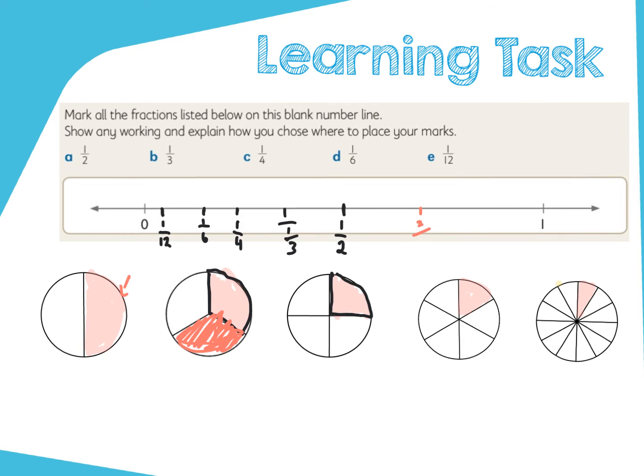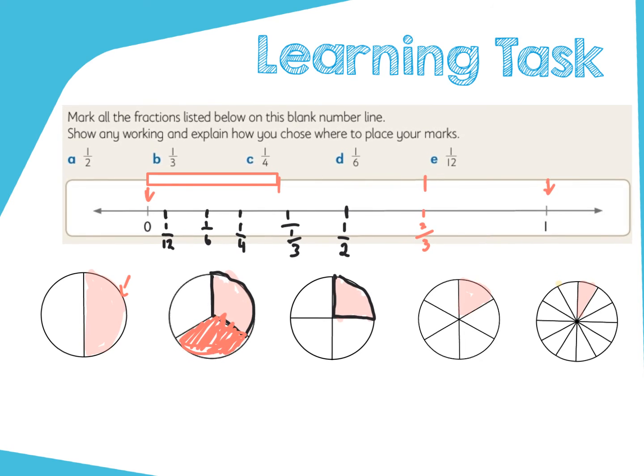Okay, 2/3. That means that I'd be breaking this up between here and here into thirds. So using my shape, if I was breaking up into thirds, that's 1/3. Okay. Then I would go again. That is 2/3.